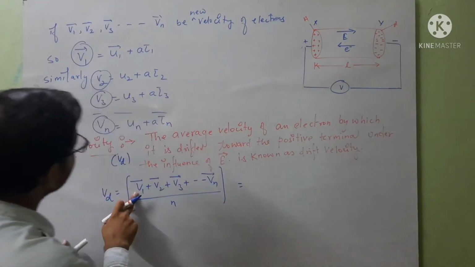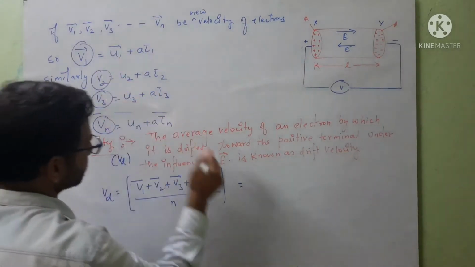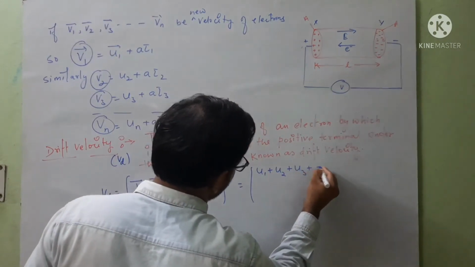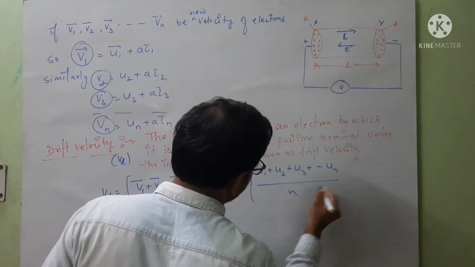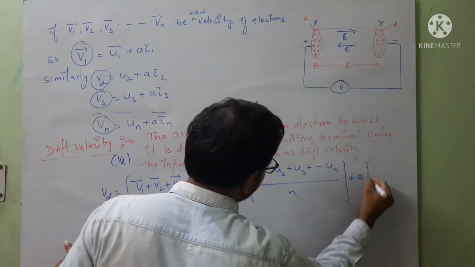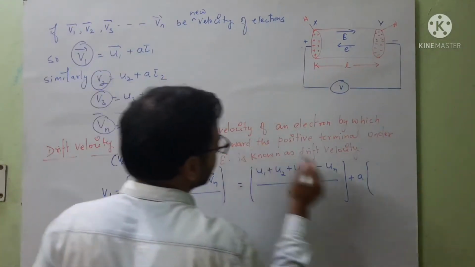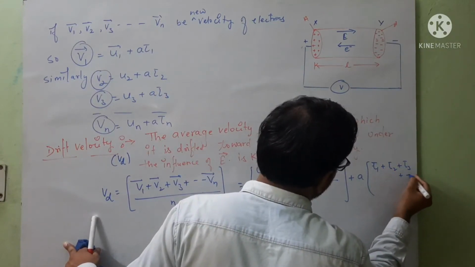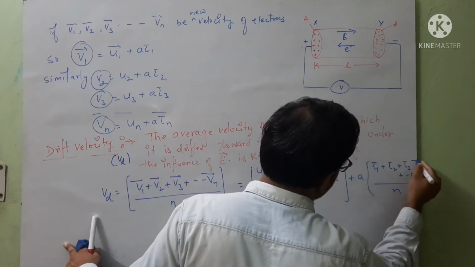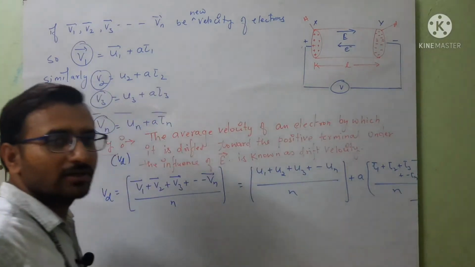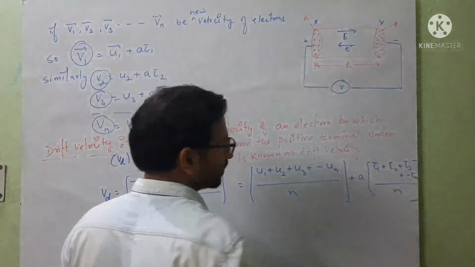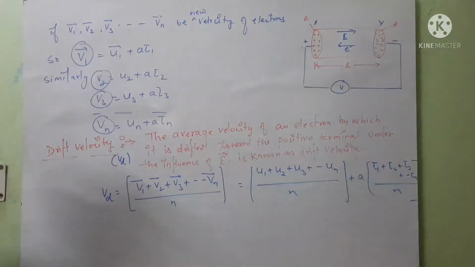In place of v1 you write all the terms: u1, u2, u3 up to un over n plus a of tau 1 plus tau 2 plus tau 3 up to tau n over n. Tau 1, tau 2, tau 3, tau n are the successive times, meaning the time taken by the first electron, second electron, third electron, up to the nth electron between two successive collisions.